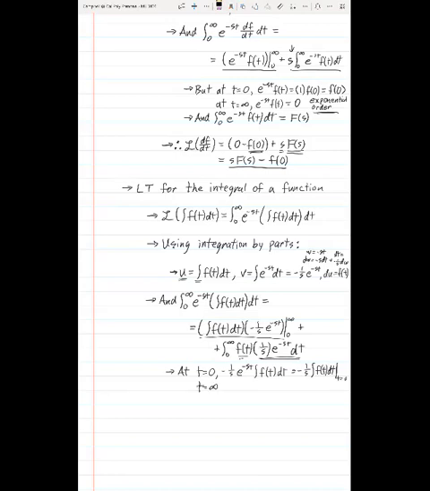Additionally, at t equals infinity, we have our negative 1 over s times e to the negative st times the integral of f of t dt. And of course, we end up in that same quandary that we did before. What in the world does this thing do? As long as we apply the limitation of exponential order, what can we see?